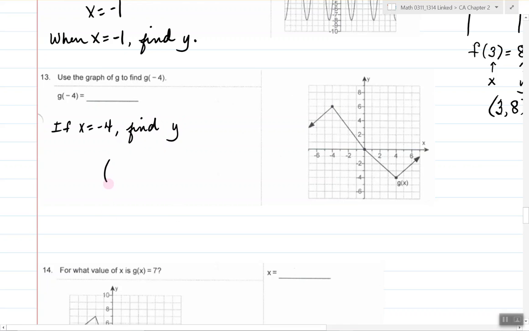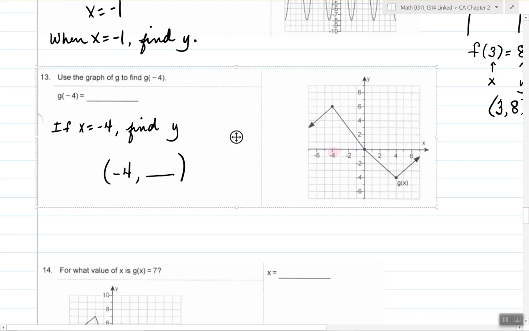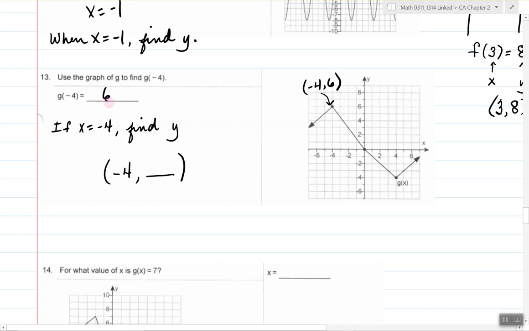So I'm looking at an ordered pair which is negative 4 what? So when I look at the graph, when x is negative 4, where's the point on the graph? It's right here. And it looks like the y value is 6. This is the point negative 4, 6. So g of negative 4, the function when x is negative 4, is equal to 6.